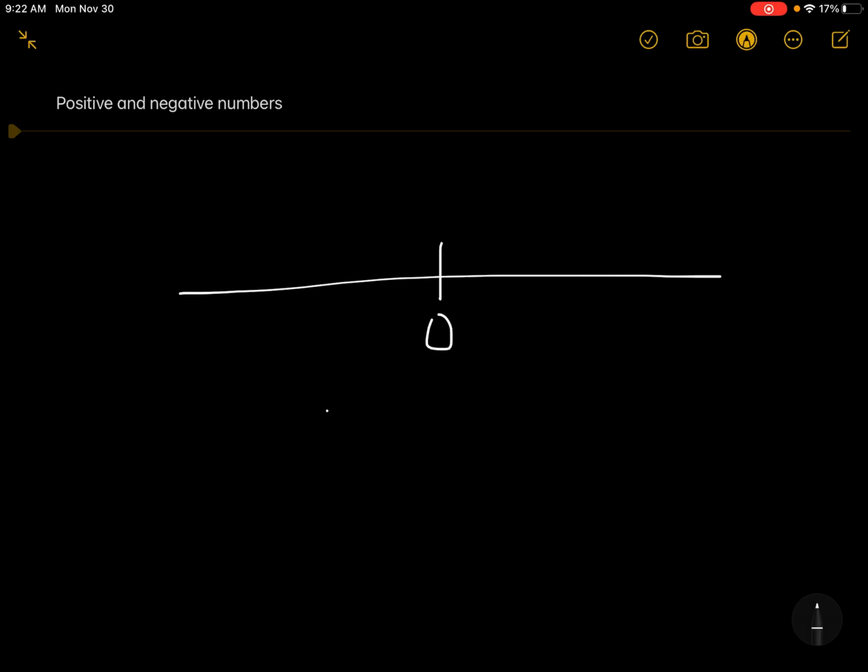If we are considering the direction of a number line, all of the numbers to the right of the 0 are positive. They're all going to be larger than 0. That would be everything like 1, 2, 3, 4, and continuing on forever on a number line.